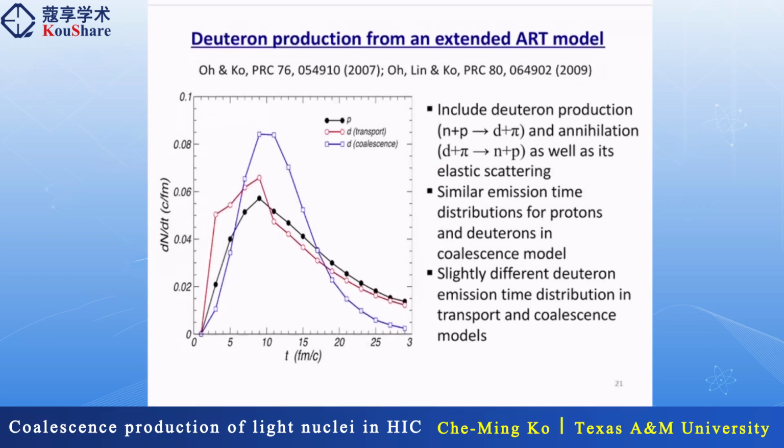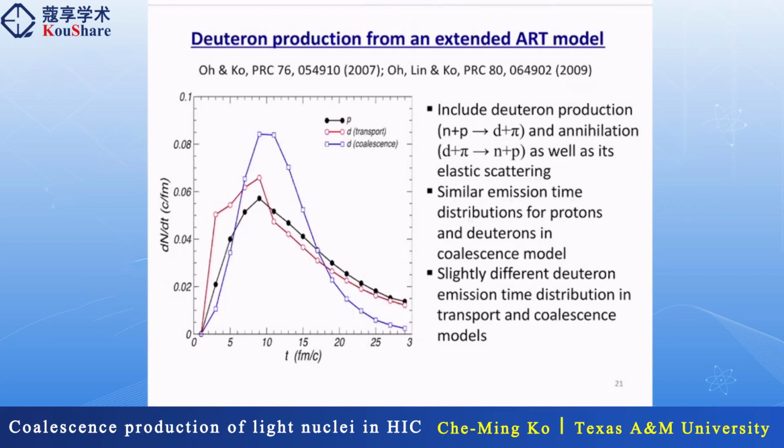Almost 12 years ago, 13 years ago, when Jan Segall was here with me, at that time I was interested in what happened because PHENIX measured the deuteron v2. I said, how do I understand the deuteron v2 using a coalescence model and also using transport? So we started putting the deuteron production dynamically in the AMPT model.